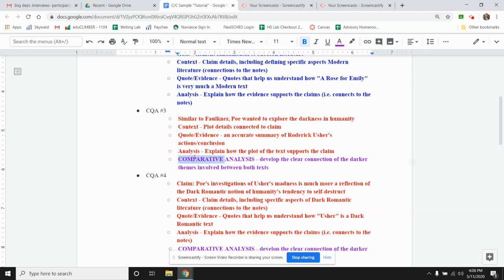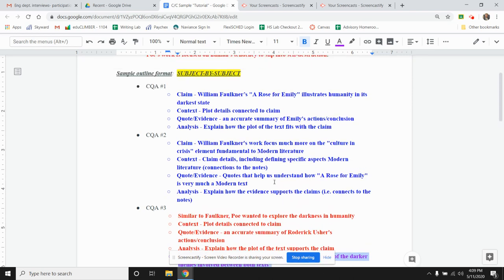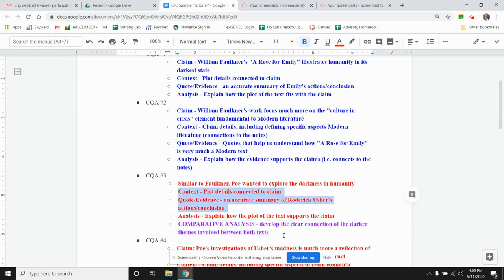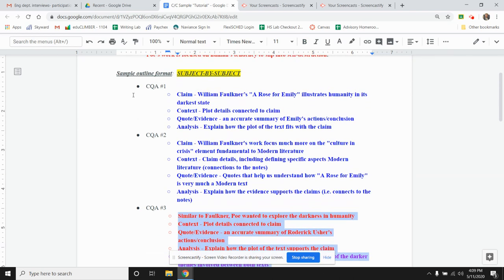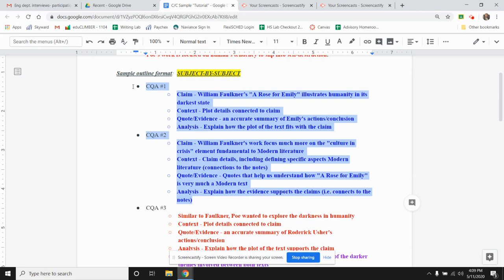And at the end of your analysis, you would have several sentences that offer comparative analysis. You're connecting this CQA with the ideas from this CQA and from these CQAs in unison.